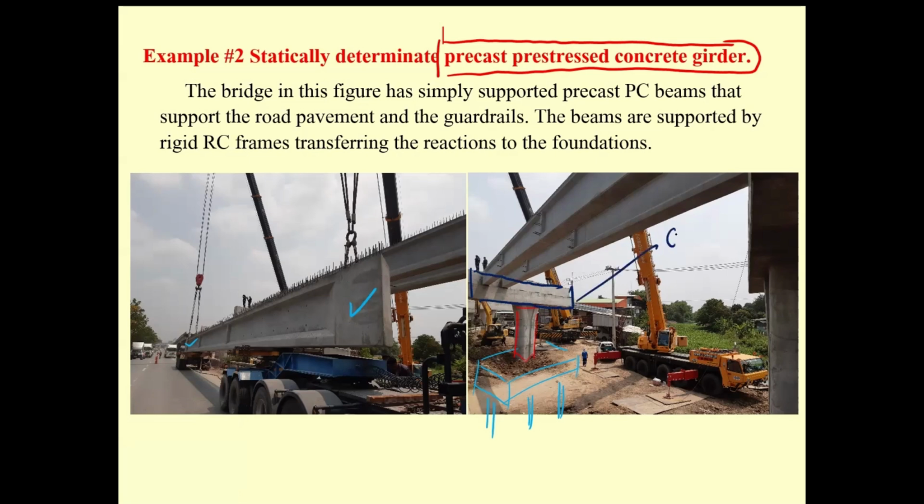This is the cross beam, and this is the pier, P-I-E-R. Then the foundation, and then you just lift the tested concrete girder by the crane and put it in position, and later you pour the slab. You have a beautiful bridge.